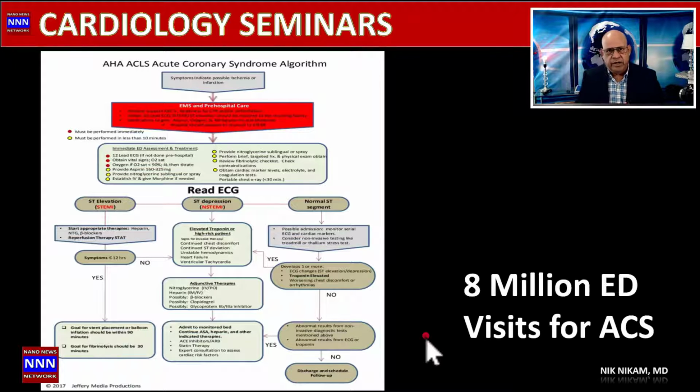If you understand that 95% of the patients we see are related to coronary artery disease, hypertension, chest pain, we are constantly exposed to patients with all kinds of presentations in the acute coronary syndrome category. More than 8 million people visit the emergency room each year for chest pain of varying degrees caused by a multitude of factors.